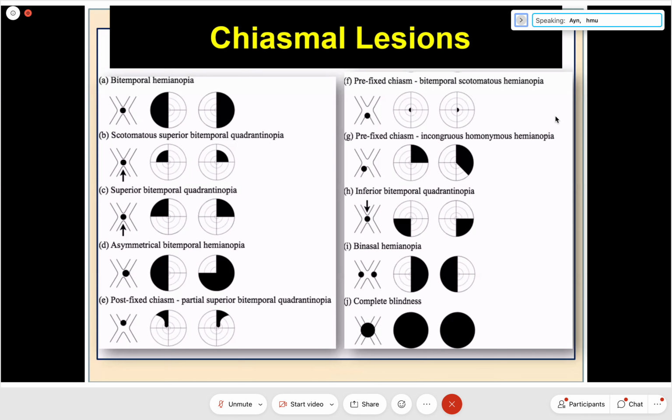This is the summary of the chiasm lesion: bitemporal superior quadrantanopia, bitemporal inferior quadrantanopia. But as we know about the decussation just now, the central fibers or macular fibers can be isolatedly involved. In apoplexy, sometimes the patient can have complete blindness like this.